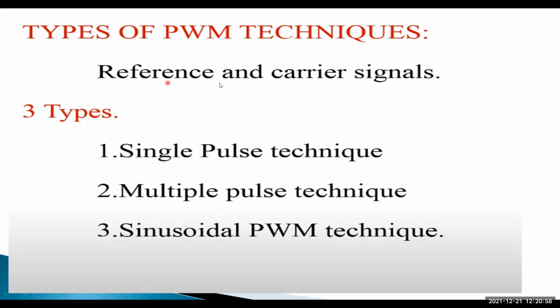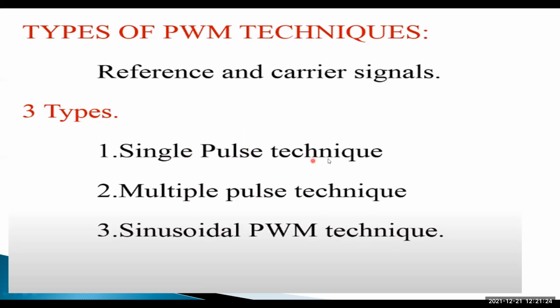By taking the reference signal and carrier signal and comparing them, three types of techniques are used: the single pulse technique, the multiple pulse technique, and the sinusoidal pulse width modulation technique. In these three techniques we use the reference signal and carrier signal in different ways.